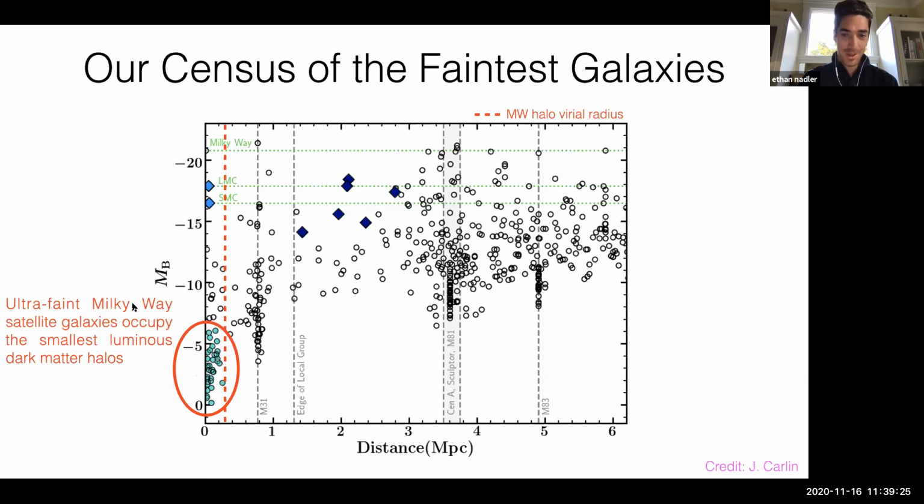And in particular, we can only detect so-called ultra-faint dwarf galaxies within the virial radius of the Milky Way halo, at least for now. So these ultra-faint satellite galaxies of the Milky Way occupy the smallest luminous dark matter halos, and so we're really compelled to understand their population statistics to in turn understand the formation of these extremely small halos.